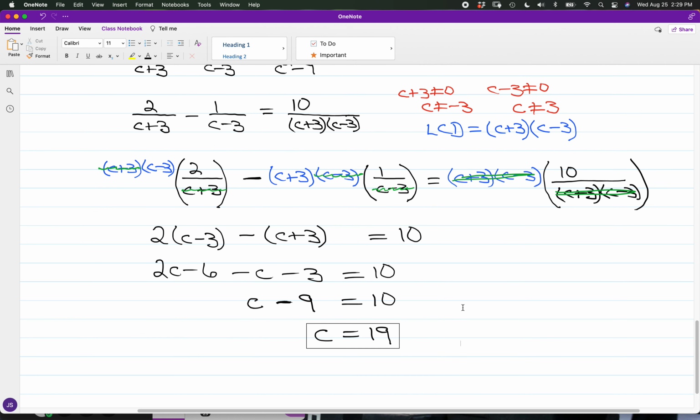Now, where the restrictions could possibly come in, let's say in the case of what we have for number 80.